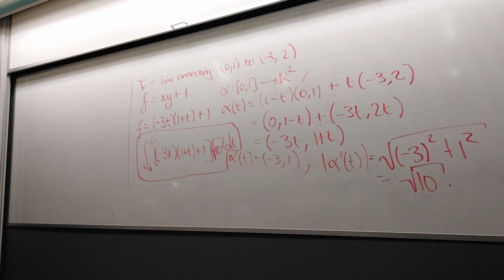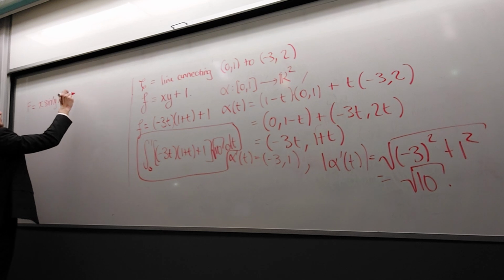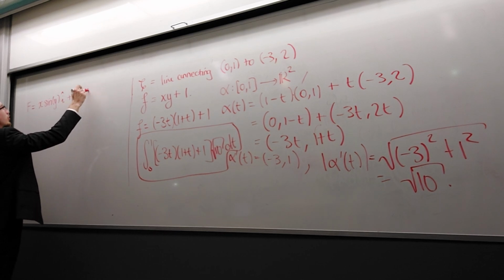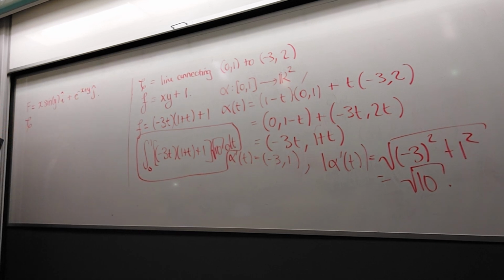Okay, so let's suppose I have the vector field. What's a nice one? x sine y i hat plus e to the minus x plus y j hat. If I make the curve too complicated, then it can't be done.